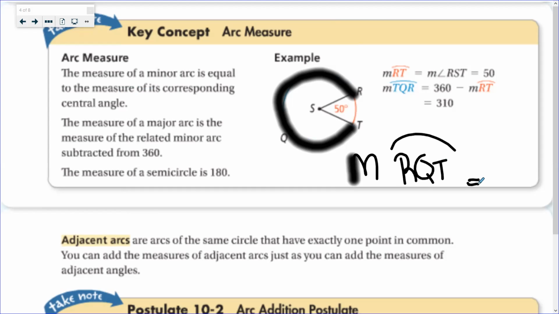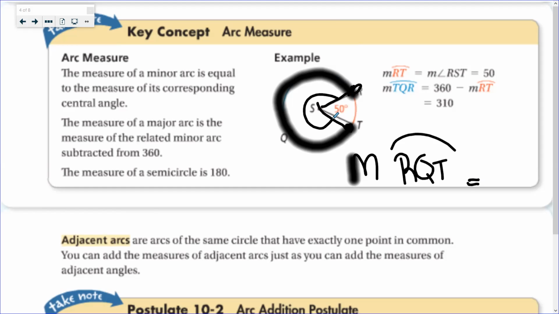360 minus 50. Yes, I told you now, if I want to find the measure of any arc, I need to find the measure of the central angle, its corresponding angle, whose vertices are on the endpoints of the arc.